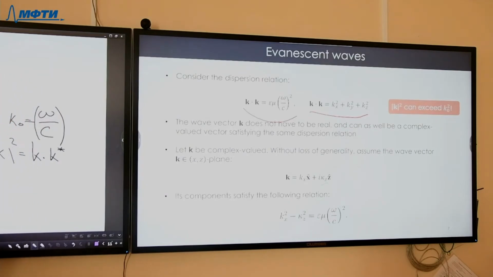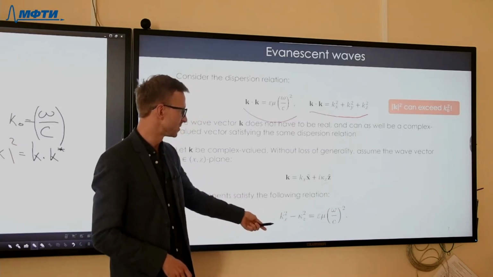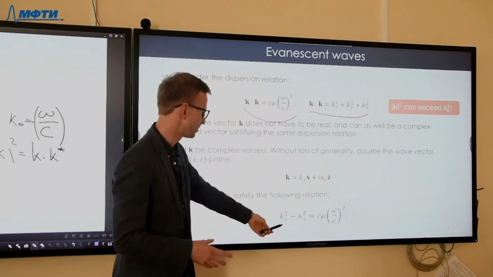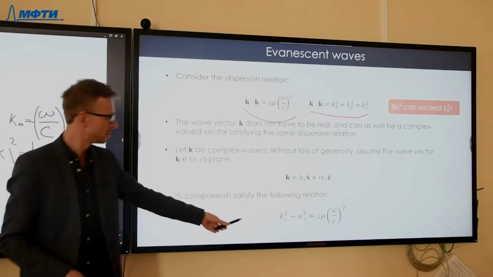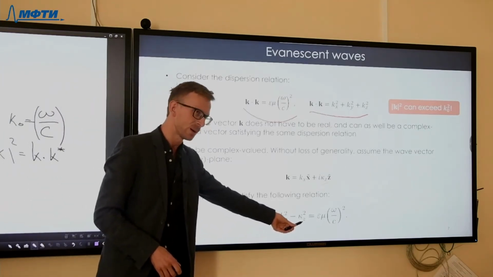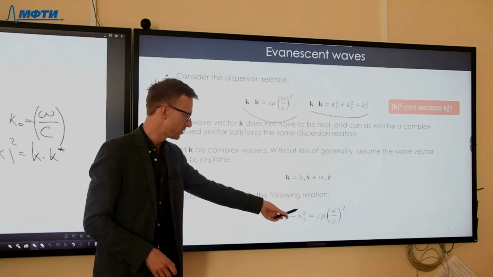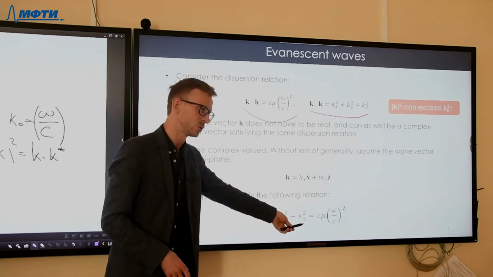So now notice that the plus in the previous dispersion relation, which describes homogeneous plane waves, turns to minus. And the dispersion relation becomes completely different. Instead of this kind of spherical or elliptical-ish form, it becomes hyperbolic. And it means that if we increase kappa z, then we can increase kx at the same time. And this dispersion equation can be satisfied with large values of kx and large values of kappa z.